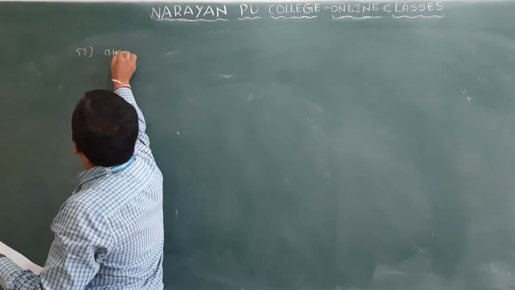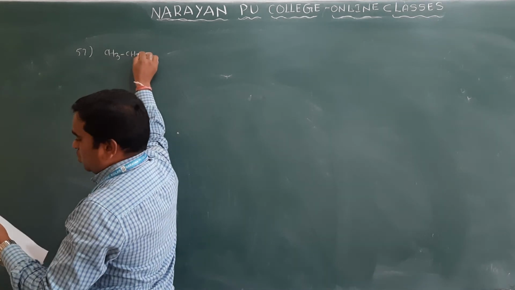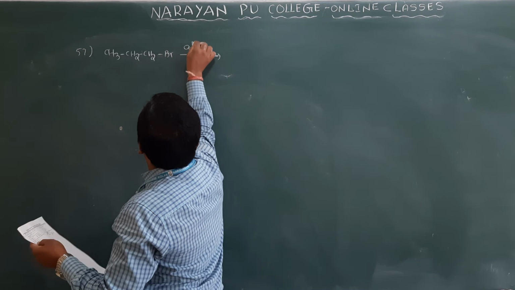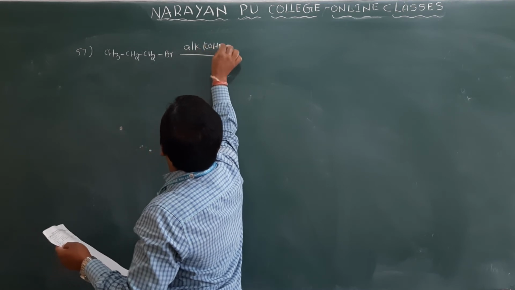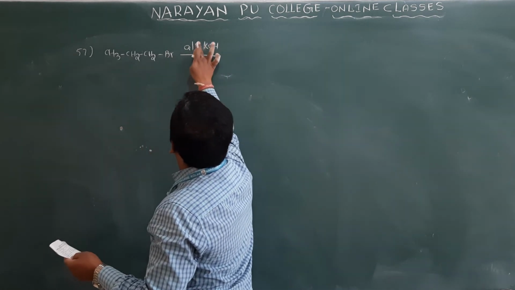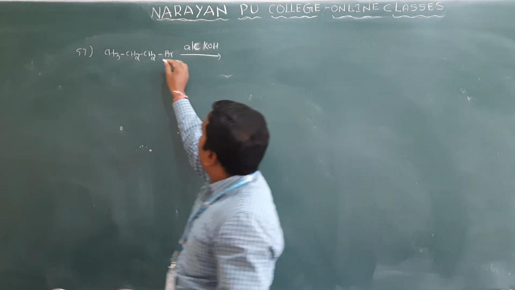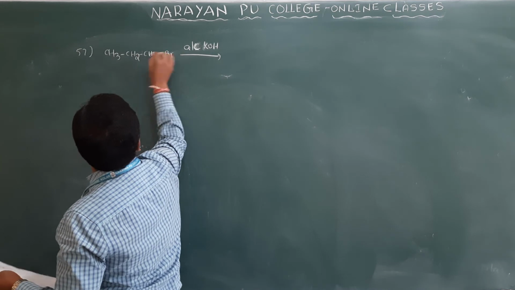What is the question? CH3CH2CH2Br. This is the question. What have they given? Alcoholic KOH. Alcoholic KOH means which reaction? Elimination. One hydrogen and one bromine are removed. Beta hydrogen should always be removed.